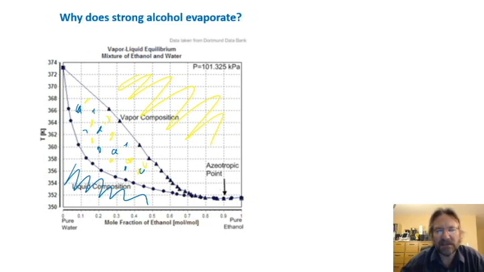What is interesting is that at the very high alcohol limit, we have a nice transition between the liquid phase and the vapor phase, but it happens at very low temperature. So 350 degrees Kelvin corresponds to only something like 80 degrees.